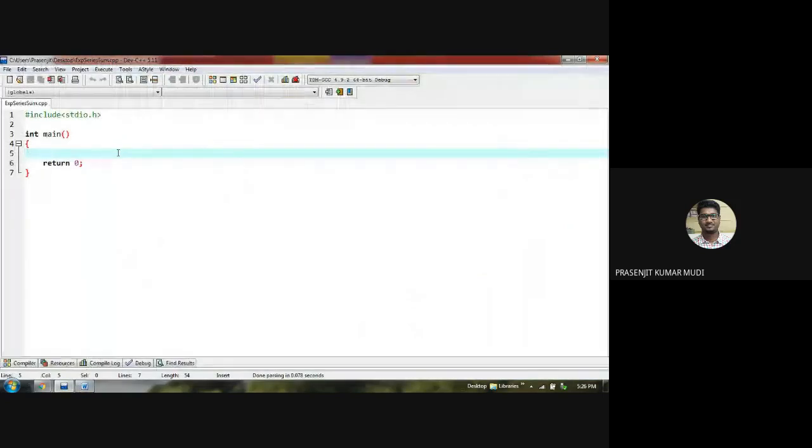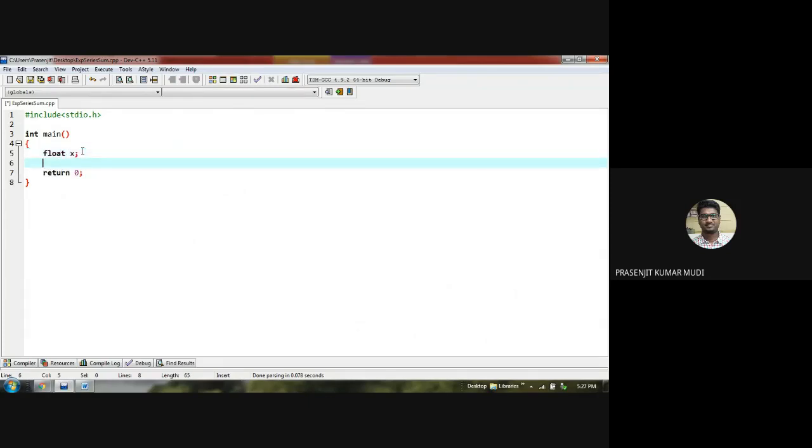Now variables. All are real numbers. So float x, printf: enter the value of x.